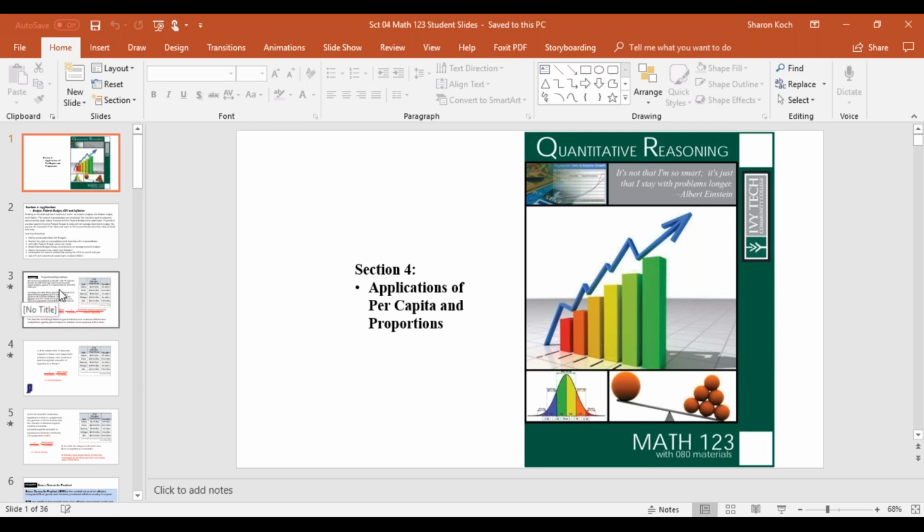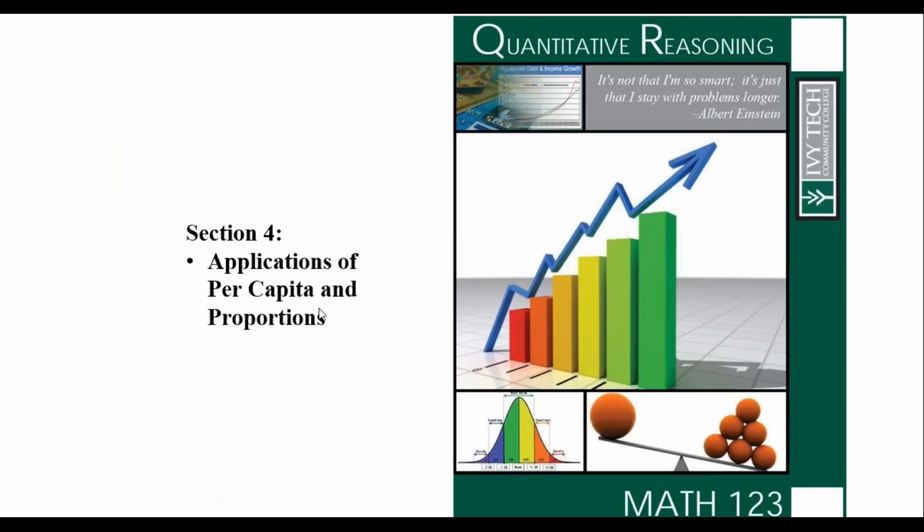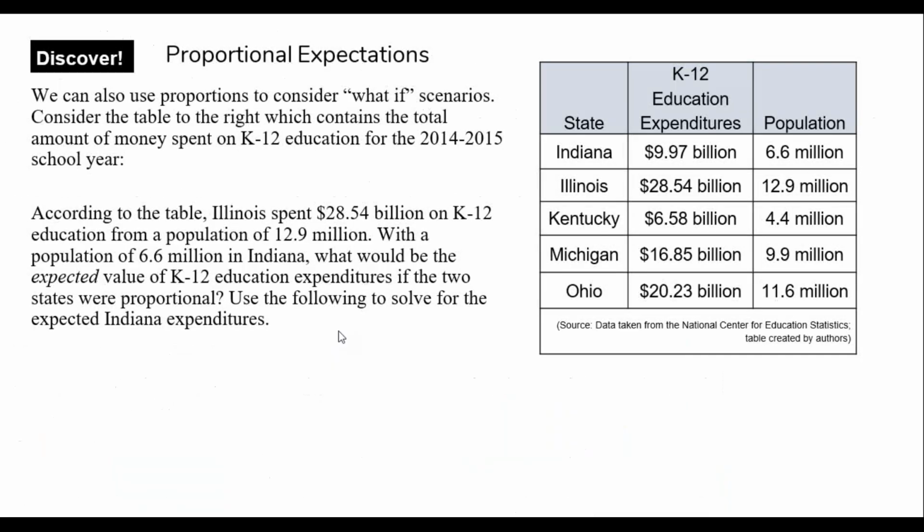So let's take a look here. I'm going to start, I think I get into this format here, a little bit bigger here. So let's take a look at how can we use a proportion. Now, a lot of times we use proportion in what we consider what if scenarios. So take a look at the information I've got here.